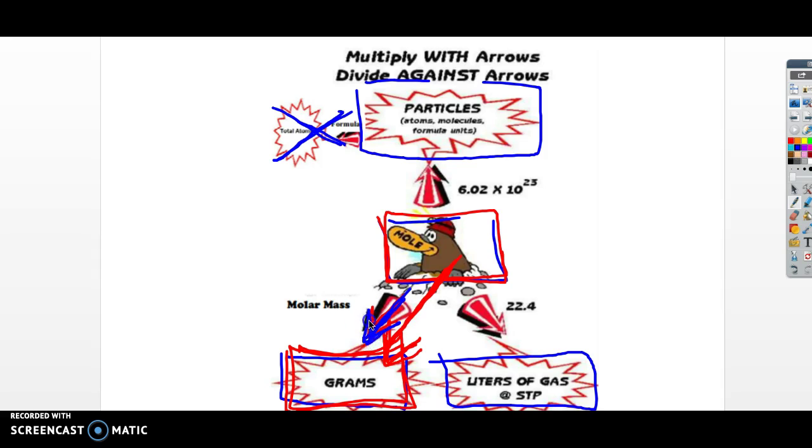When I'm moving with the arrow, notice this wording up here, we're going to multiply. What am I going to multiply? I'm going to multiply moles times the molar mass to get grams. So to get from moles to grams, I'm going to multiply moles times molar mass.